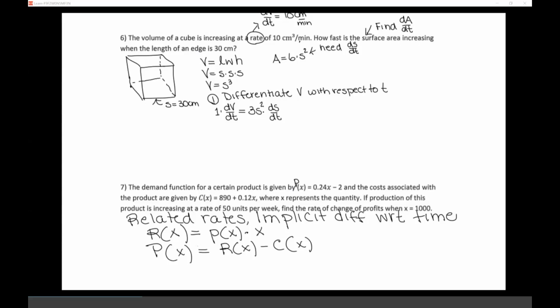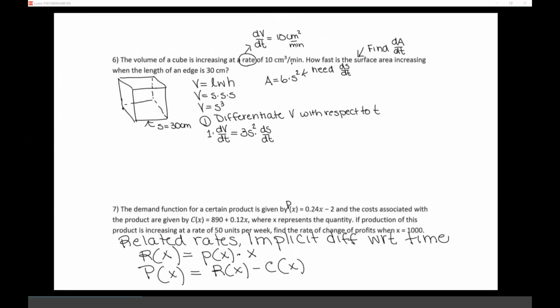Now what I'm going to do is put in all the information I have. I have dv dt, that's 10. I know s is 30. And I can solve for ds dt, because again, I'm going to need it when I differentiate with respect to t with the surface area.